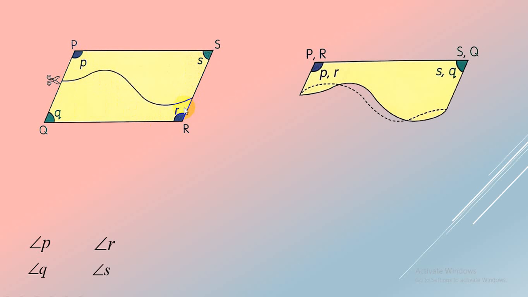And then, what are the pairs of opposite angles in a parallelogram? That's right. Angle P and angle R, angle Q and angle S. Do you notice that? What type of angles are the opposite angles?